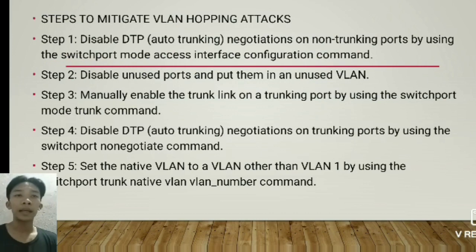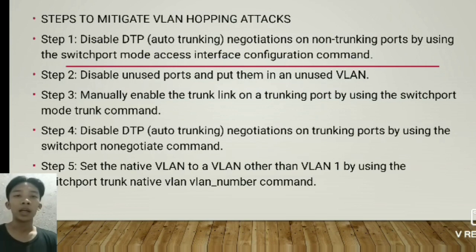Steps to mitigate VLAN hopping attacks. Step 1: Disable DTP auto-trunking negotiation on non-trunking ports by using the switchport mode access interface configuration command. Step 2: Disable unused ports and put them in an unused VLAN. Step 3: Manually enable the trunk link on trunk ports by using the switchport mode trunk command.